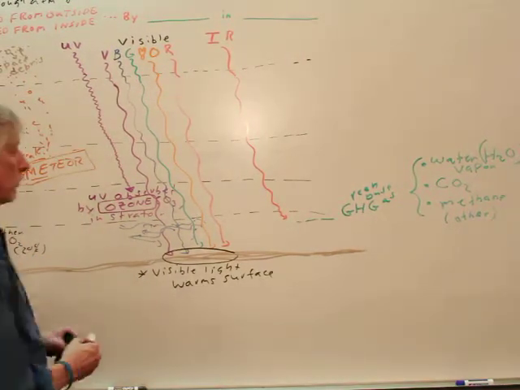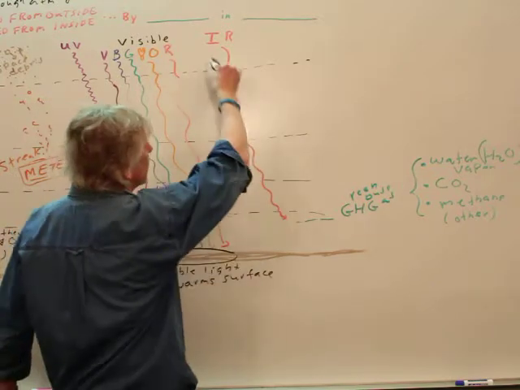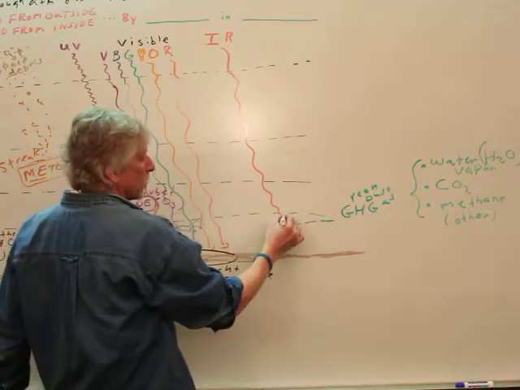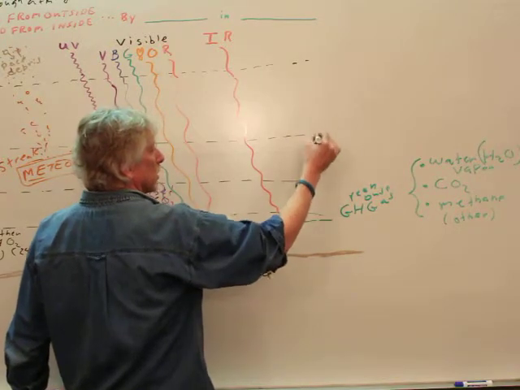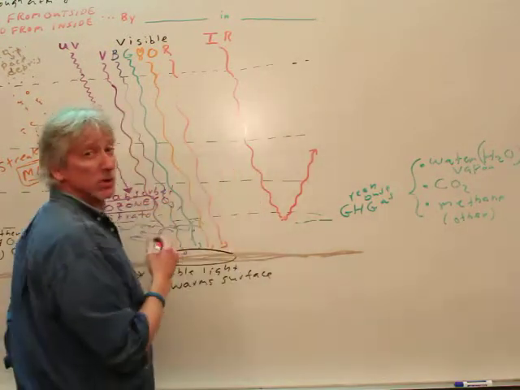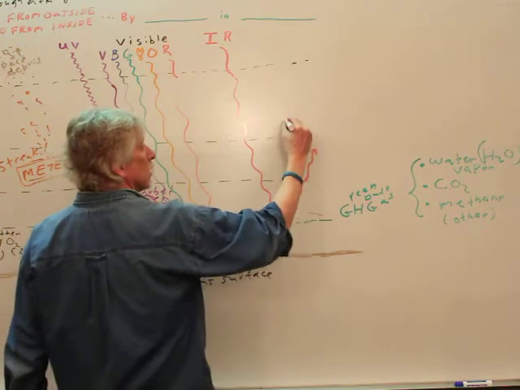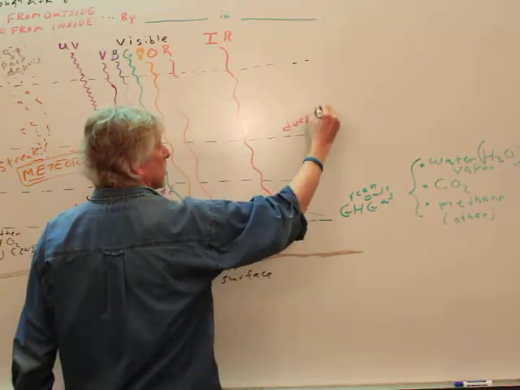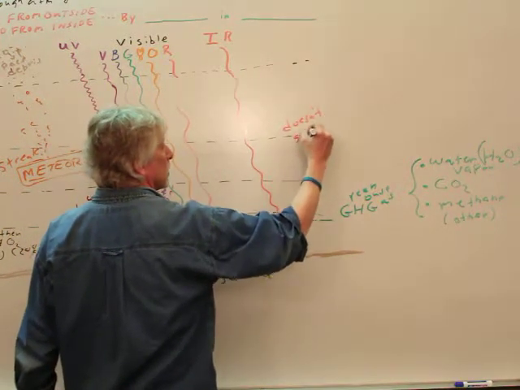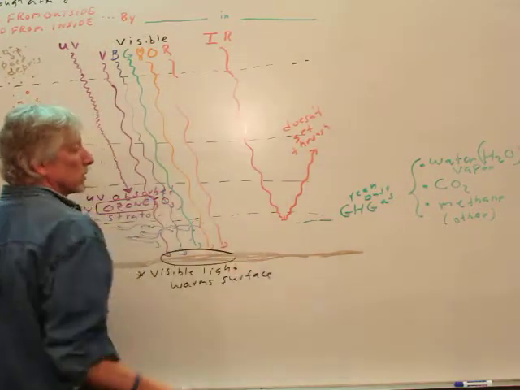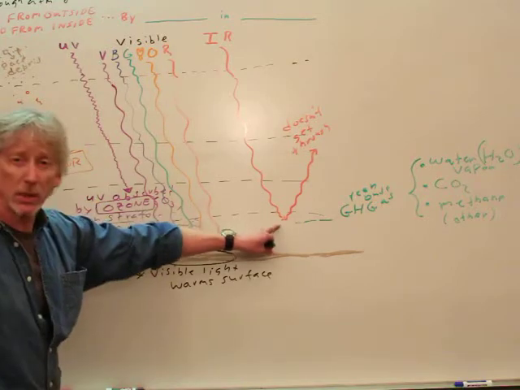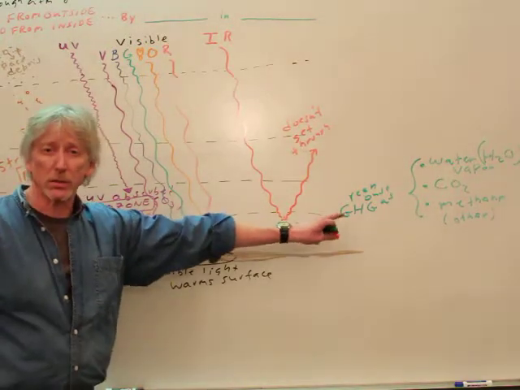They absorb the infrared and re-radiate. So effectively, the infrared from the outside will bounce off, not get through. So a lot of the infrared that's coming in doesn't make it through. Why? Because of the greenhouse gases.